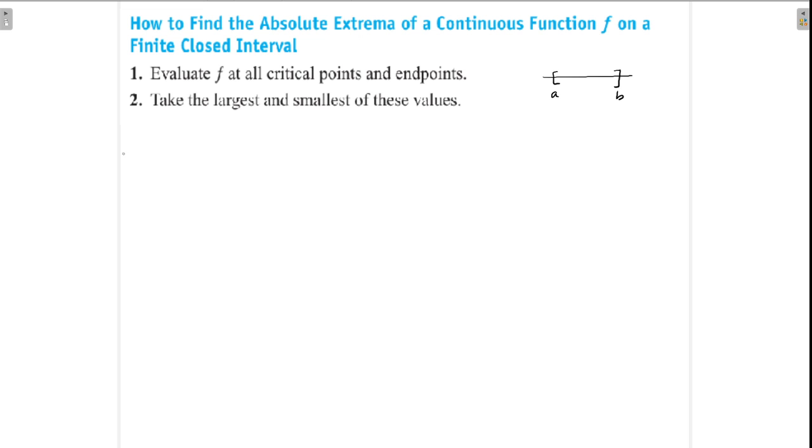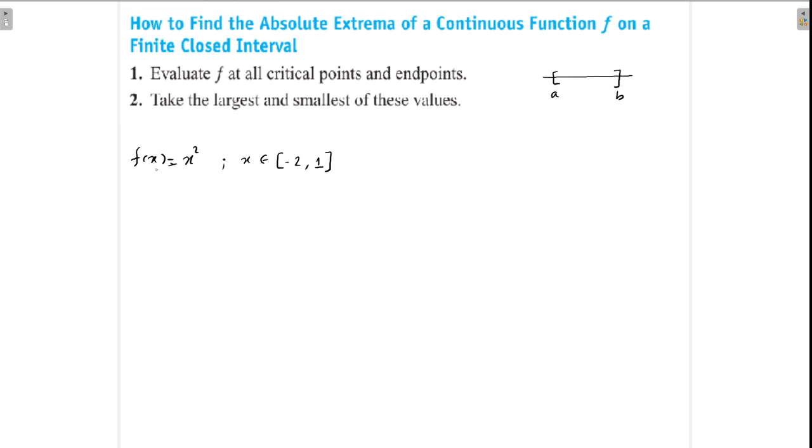For example, we can consider f of x equal to x square. Obviously, this is a continuous function defined on x belongs to [-2, 1]. Suppose this is our interval. We need to follow these two steps. First, we have to find all critical points.